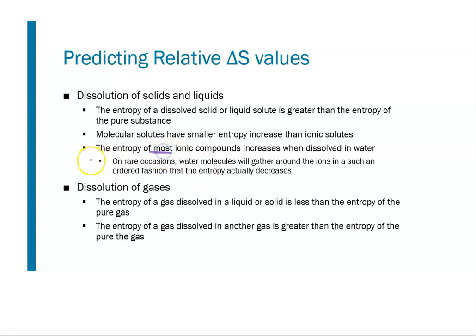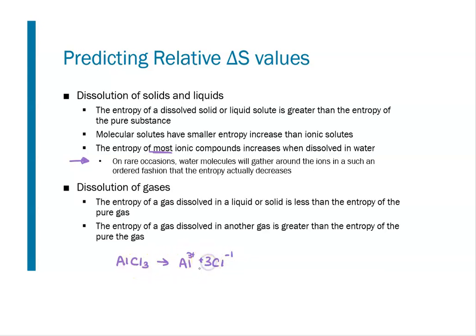We say most because on very rare occasions, when your ionic compound dissolves, that positive ion, let's say that we have AlCl3, so this becomes Al3+ and Cl1-.